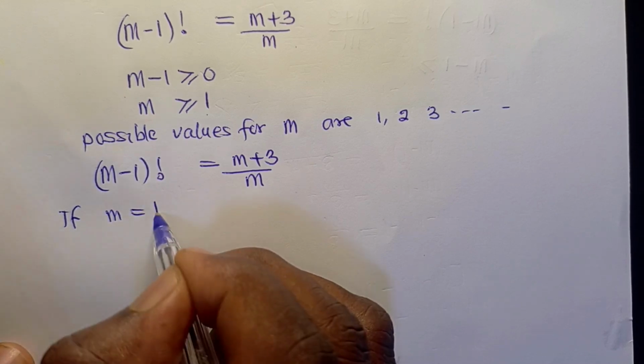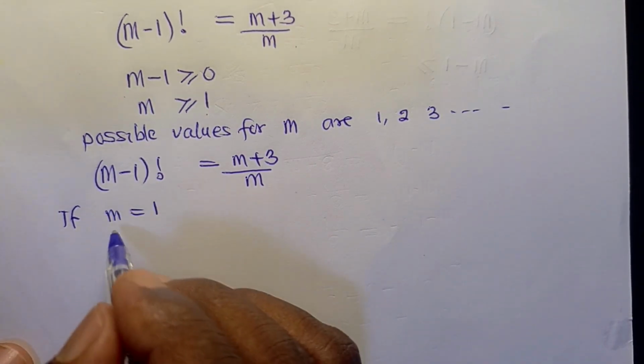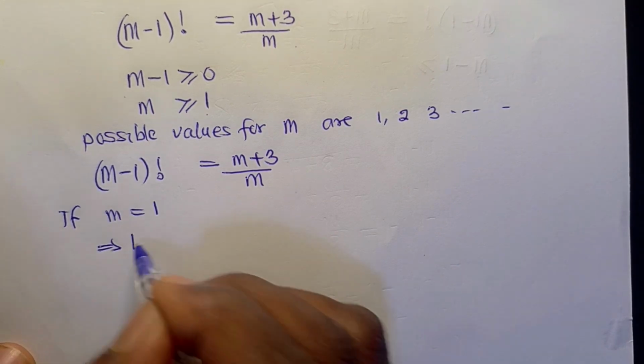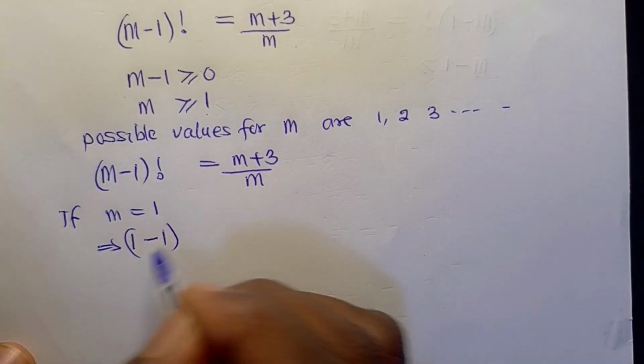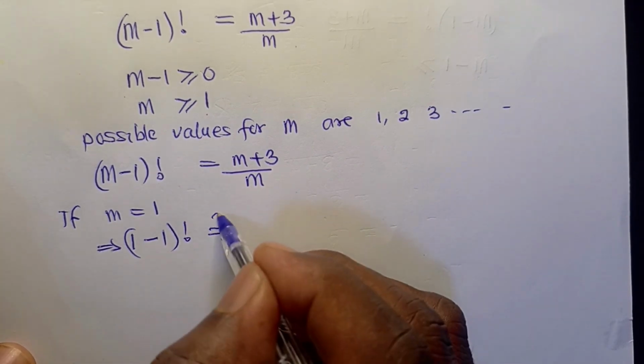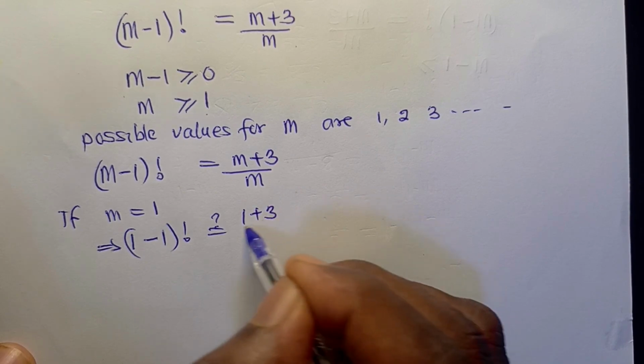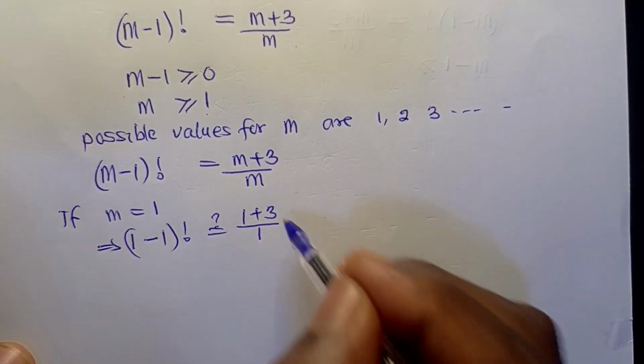If m equals 1, this implies we have (1 minus 1) factorial equals (1 plus 3) divided by 1.